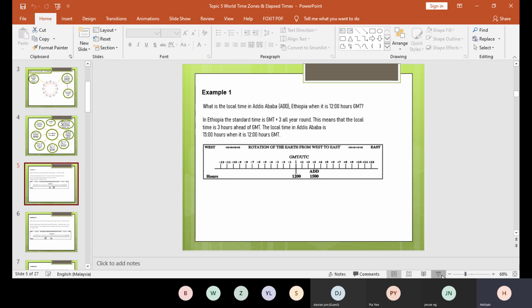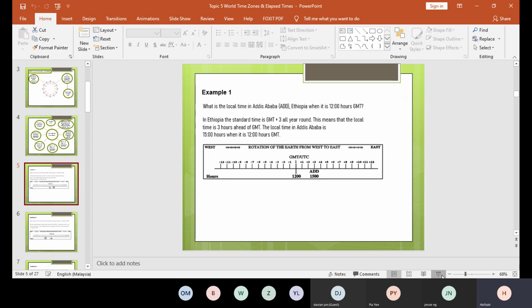Why does it become plus 3? It's because of this map, which has the imaginary lines. Remember you learned longitude and latitude. It indicates which one is plus 9, which one is plus 4.